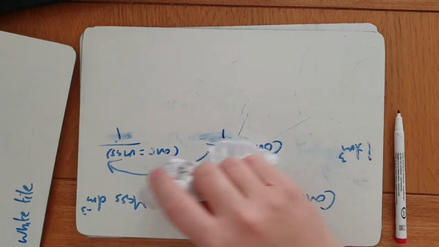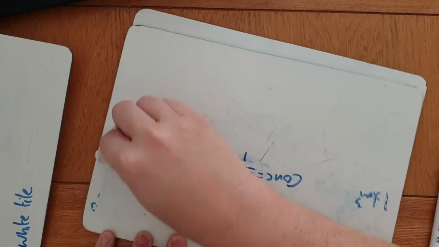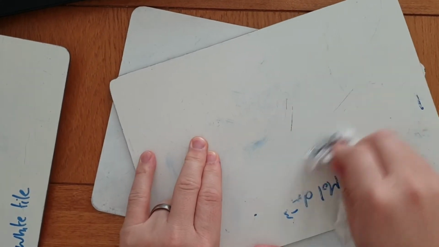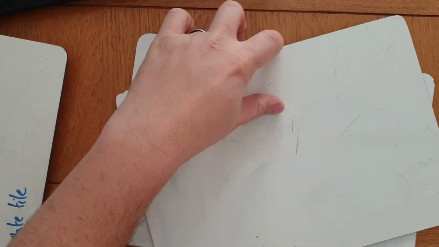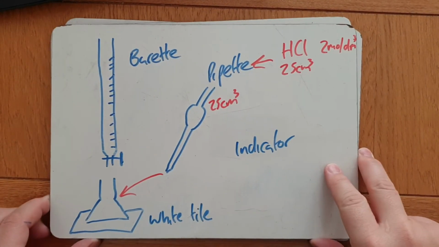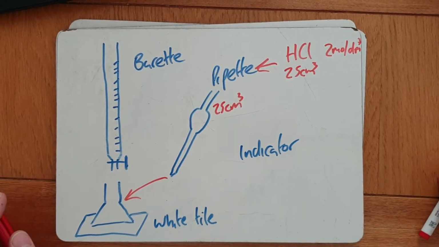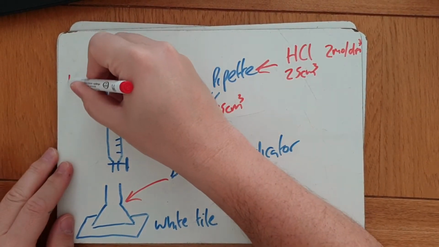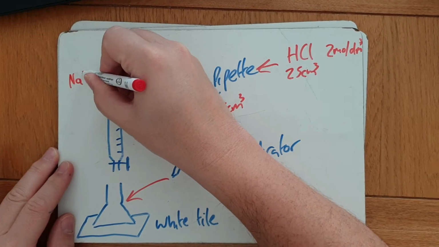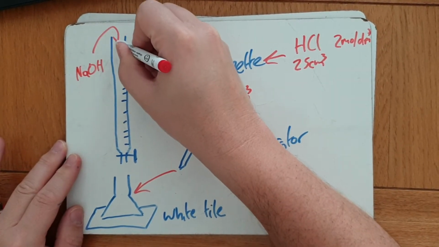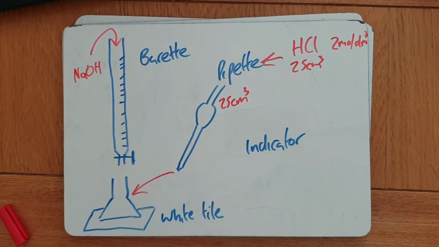So going back to our titration, I should have read this out before I started. So we've got our HCl in here, and let's say we're going to use sodium hydroxide, which is our alkali, NaOH, and we put NaOH in the burette.